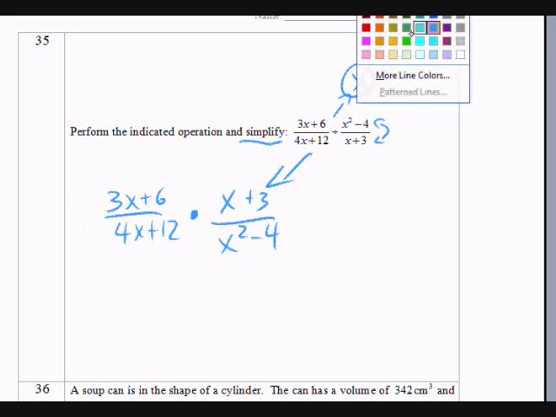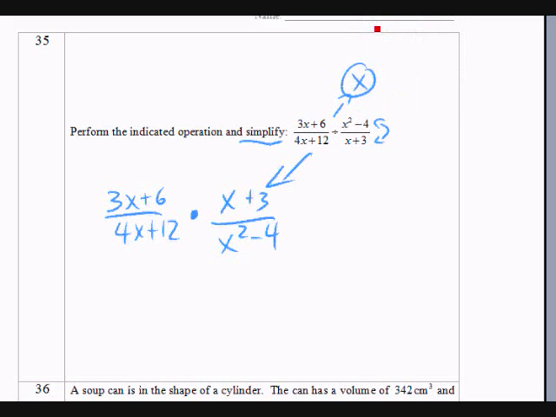Now you want to factor each part of the fractions. Well, let's factor 3x plus 6. What number do you have in common? You have the 3 in common for both 3 and 6. So I'm going to take the 3 out, right? And 3 times what gives you 3x? So 3 times x gives you 3x.